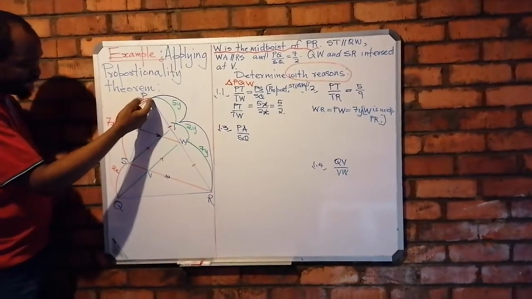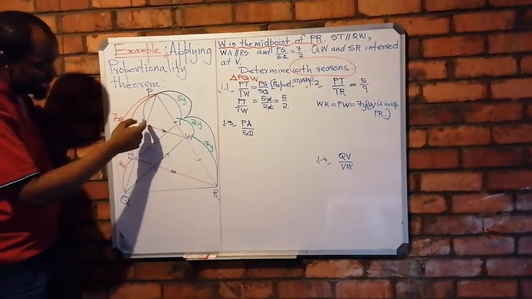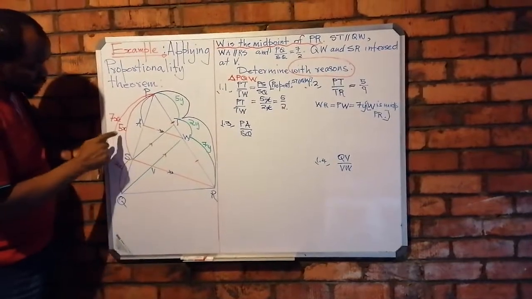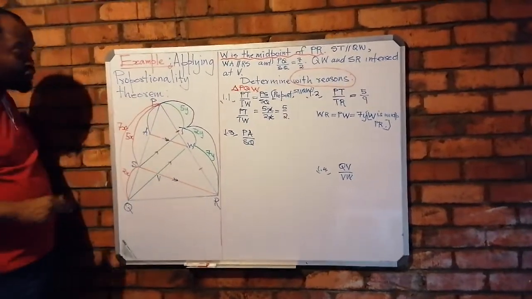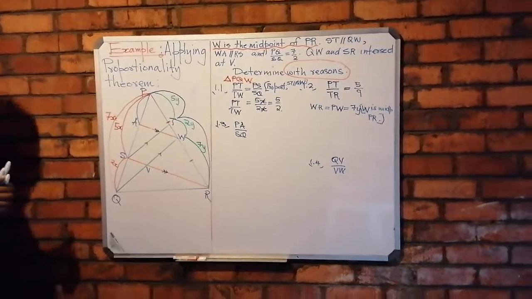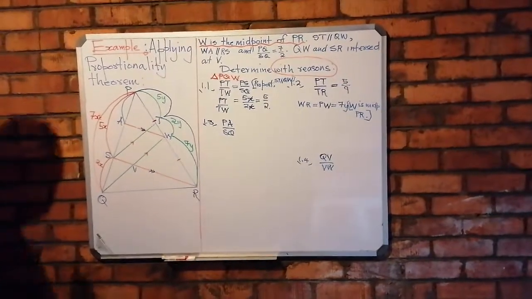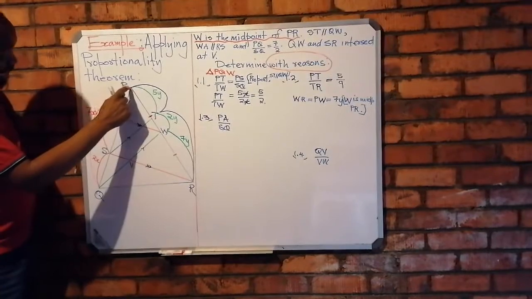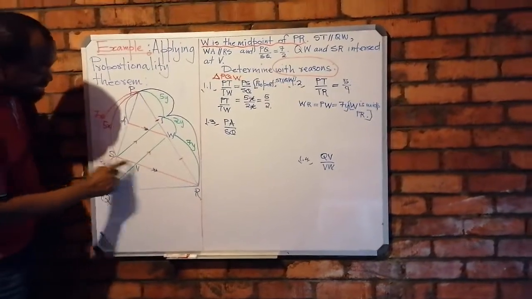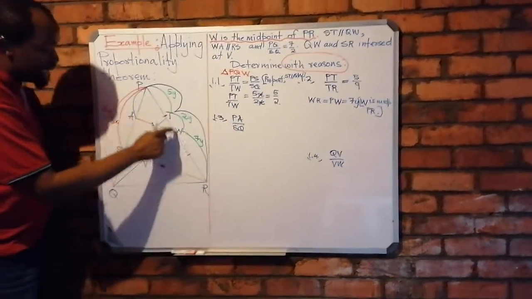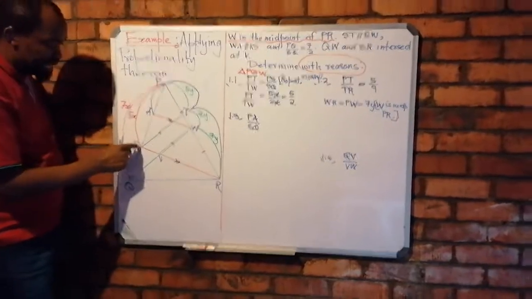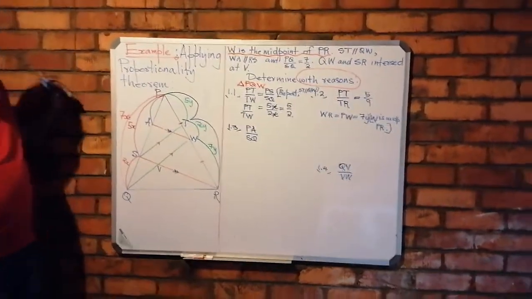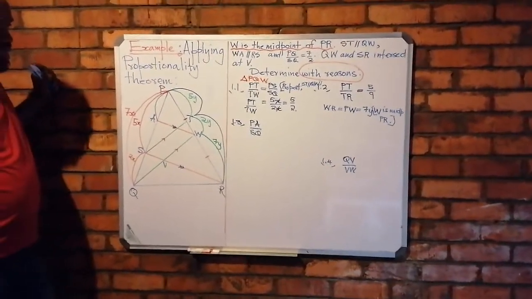Now, I'm going to try and find either PA or AS so that I can be able to find this one. Now, how are we going to do that? I am going to take triangle PSR. I repeat again, triangle PSR. Your question might be, but why?